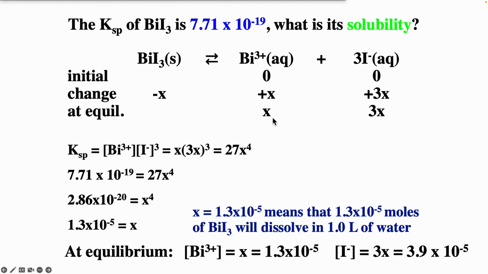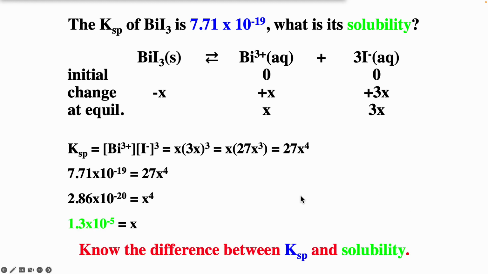Now we can also look at the equilibrium concentrations. At equilibrium, the concentration of the bismuth ion should be 1.3 times 10 to the minus 5. The concentration of the iodide ion should be 3X, which would be 3.9 times 10 to the minus 5.